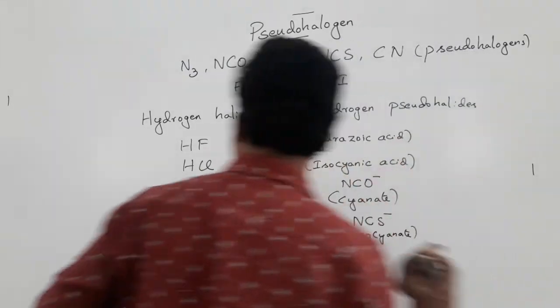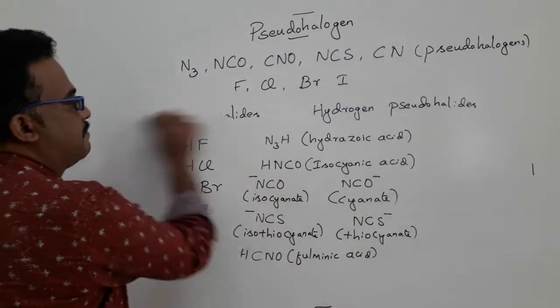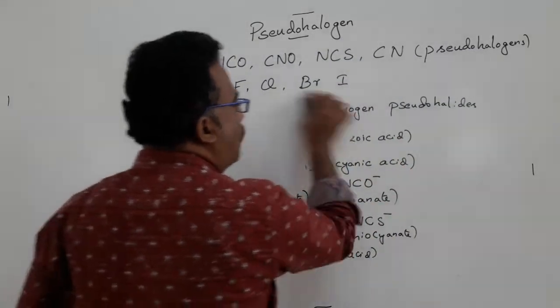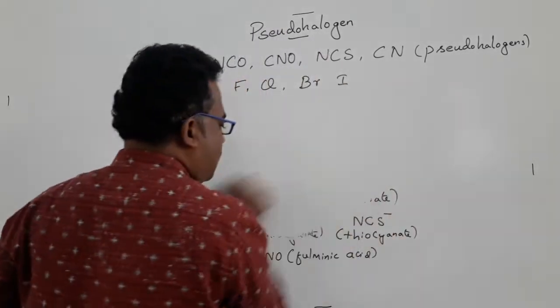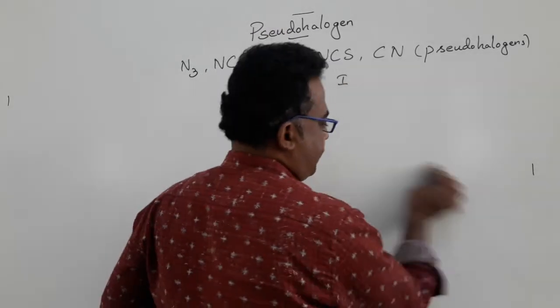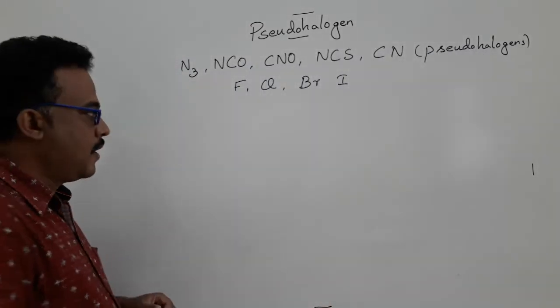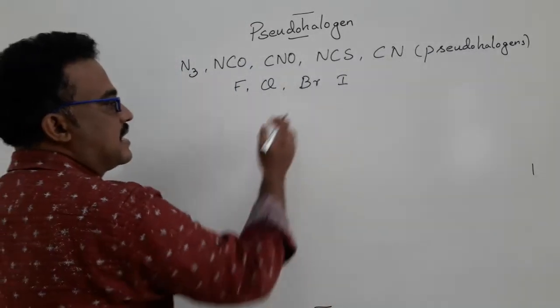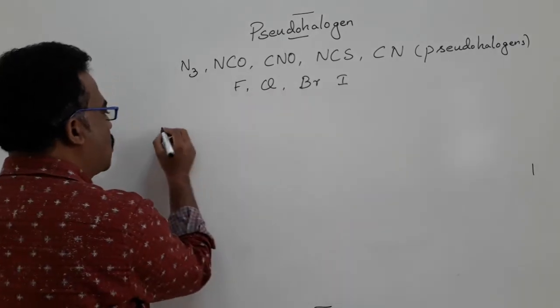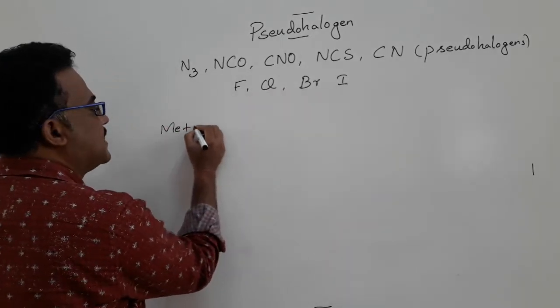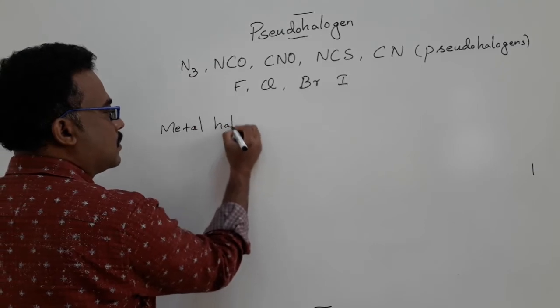We have some other properties also matching between these two groups of radicals. Second one is metal salts. Various metal halides are known.